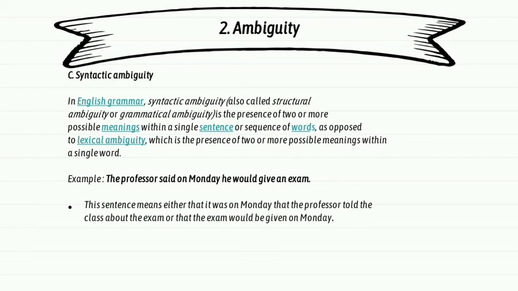The example is, the professor said on Monday he would give an exam. This sentence means either that it was on Monday that the professor told the class about the exam, or that the exam would be given on Monday.